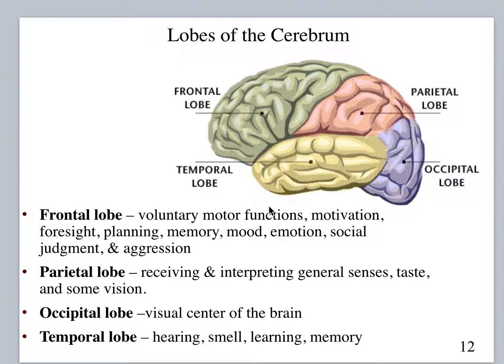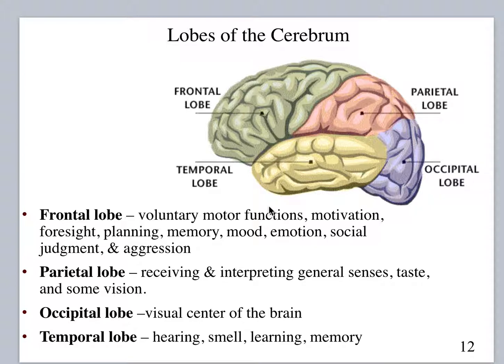The brain is made up of several lobes. There's 5 different lobes. There's the frontal lobe, which is where the voluntary motor functions initiate: motivation, foresight, planning, memory, mood, emotion, social judgment, aggression are all from the frontal lobe. The parietal lobe is for interpreting the general senses, taste, and some vision.